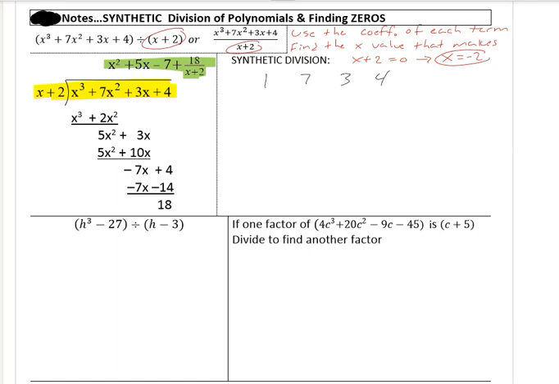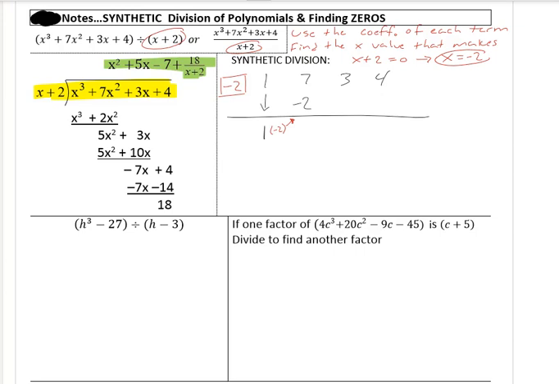This number goes here, and I put it in a little box. Then I draw a line. First step, bring down your first number. Then I do 1 times the box number, and that goes up here. So 1 times negative 2 is negative 2.